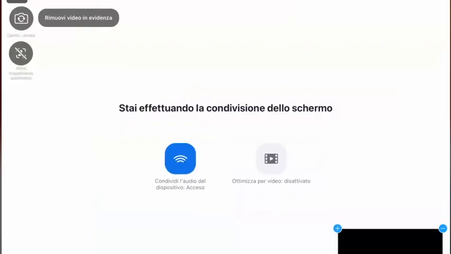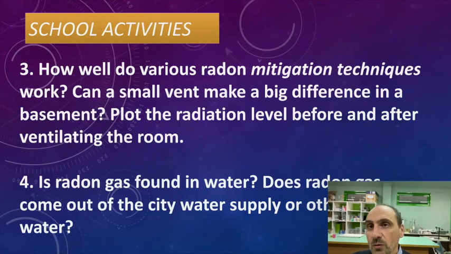Okay, yes. So, how well do various radon mitigation techniques work? Can a small fan make a big difference in a basement? Plot the radiation level before and after ventilating the room. That would be interesting because you know that the first way to remove radon gas from a room is to ventilate.